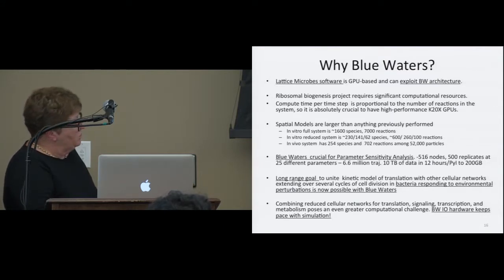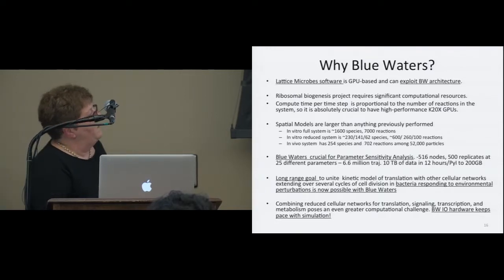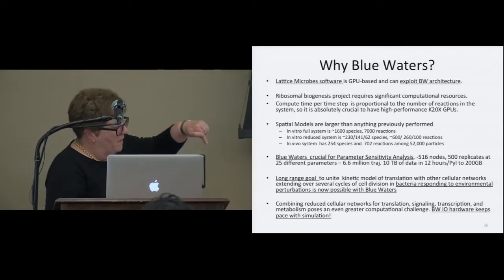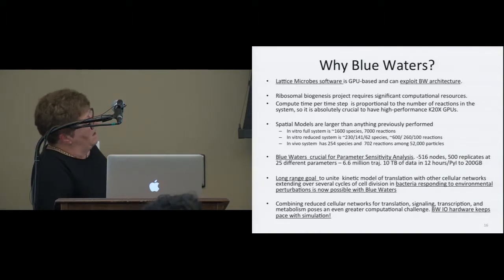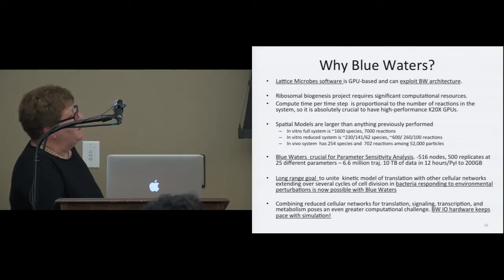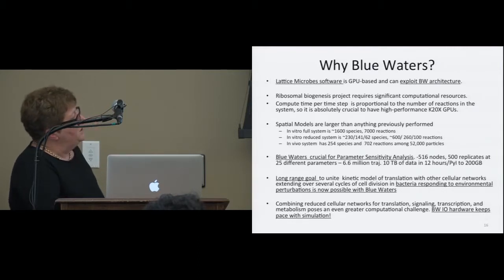But what was also critical was using Blue Waters to do a parameter sensitivity analysis. So we took 560 nodes, we did 500 replicates, 25 different parameters each, and we generated a terabyte of data that we then analyzed on the nodes using a Python interface to reduce it to 200 gigs so that we could transfer it to our local machines.